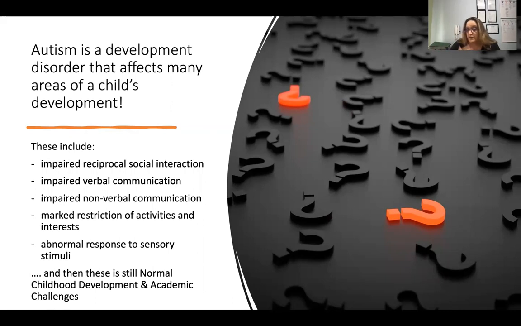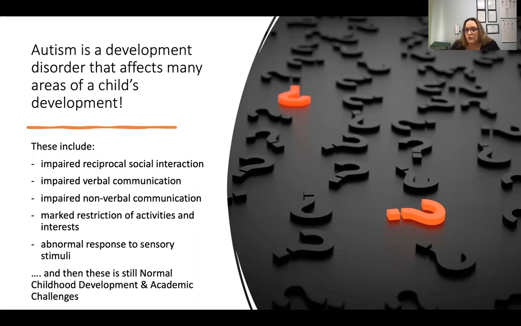It can include physical language, or impaired language. There's impaired nonverbal communication. There's social and emotional difficulties that children with autism can have. Many children have an abnormal response to sensory stimuli. These are all parts of early childhood development that children with autism struggle with.